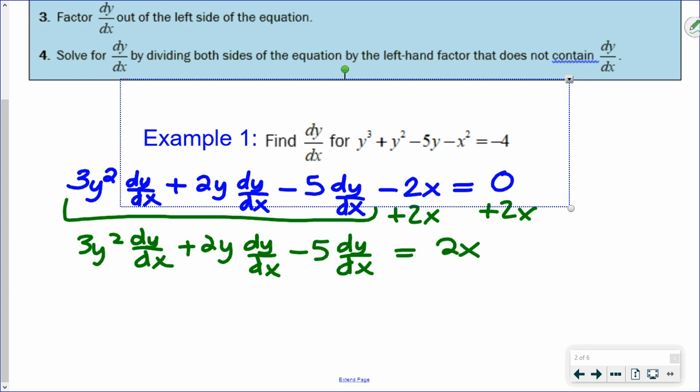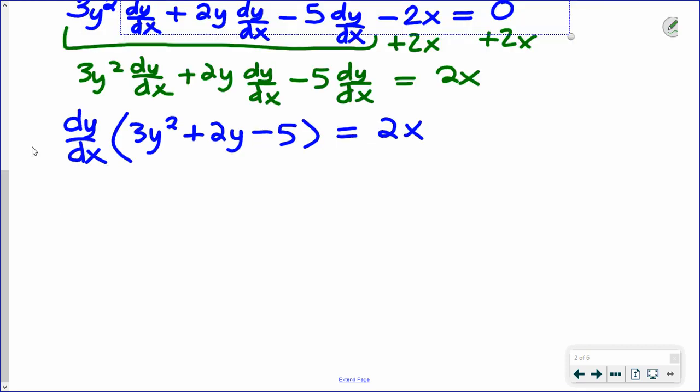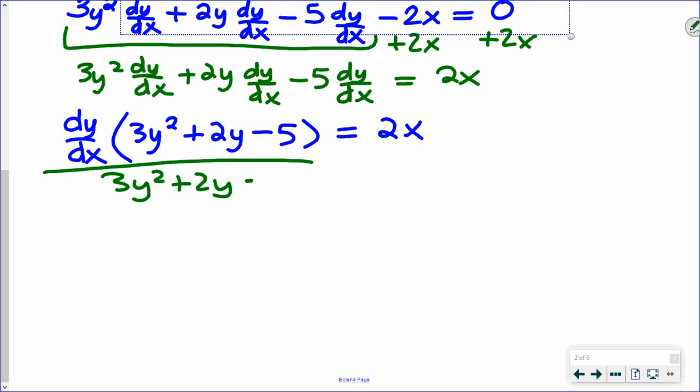Okay, now I'm going to factor out a dy over dx on the left side. So that will leave me with dy over dx times 3y squared plus 2y minus 5 equals 2x. And then to get dy over dx by itself, all we have to do is divide by this big term, 3y squared plus 2y minus 5, on both sides.